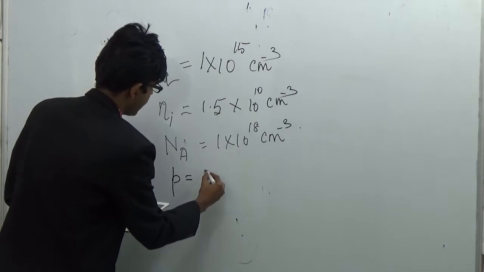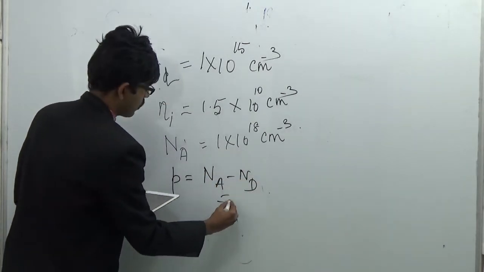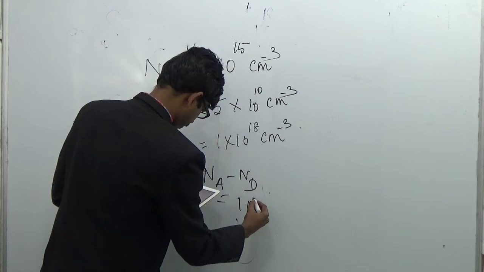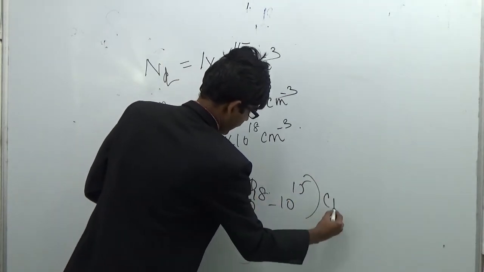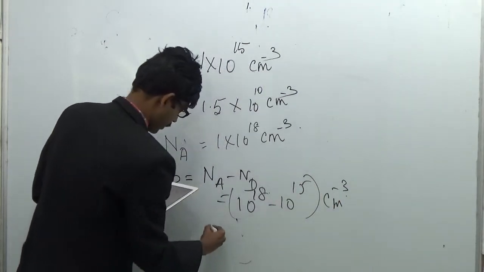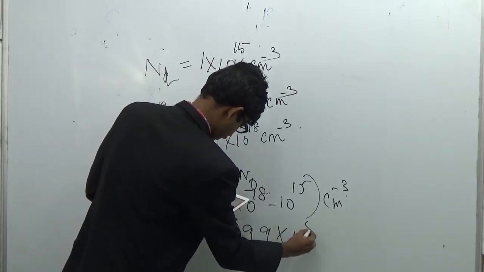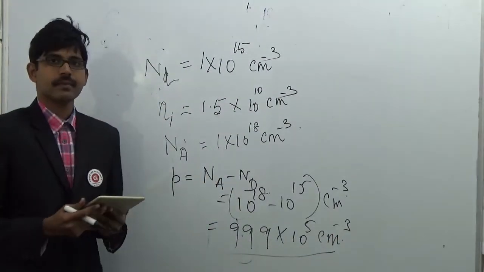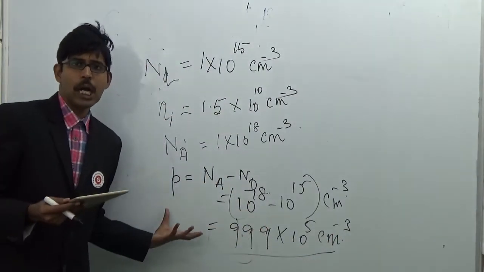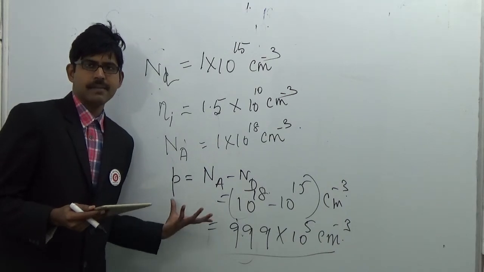So it's Na minus Nd, which is 10 to the power 18 minus 10 to the power 15 per centimeter cube, equal to 999 into 10 to the power 5 per centimeter cube. This is the total hole concentration existing in the material.